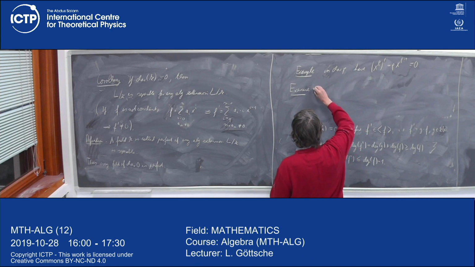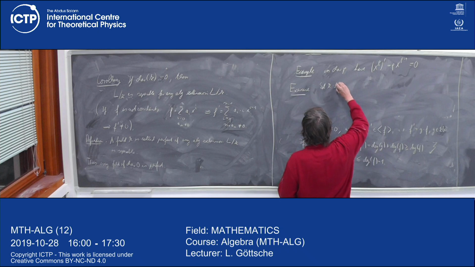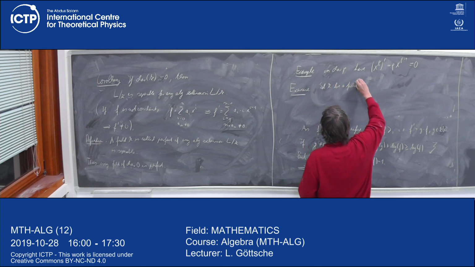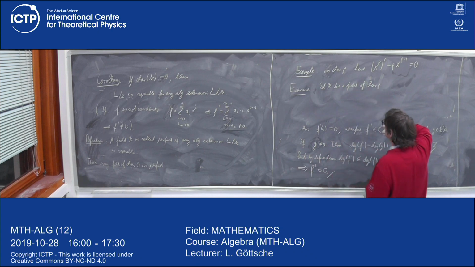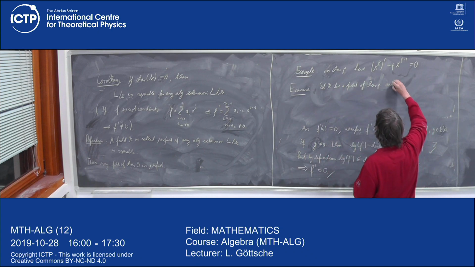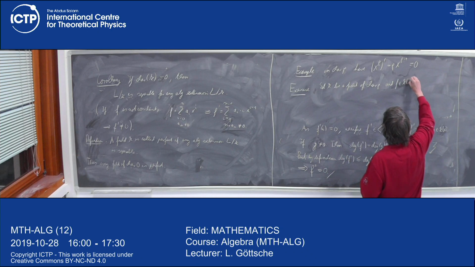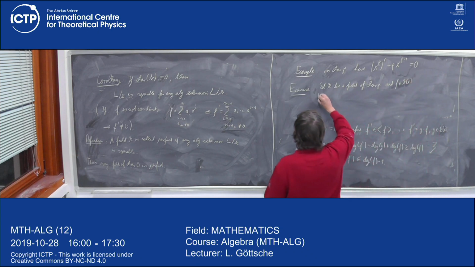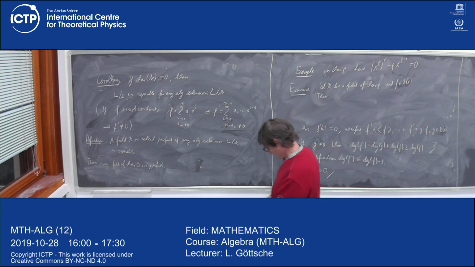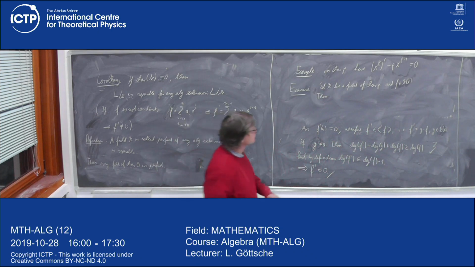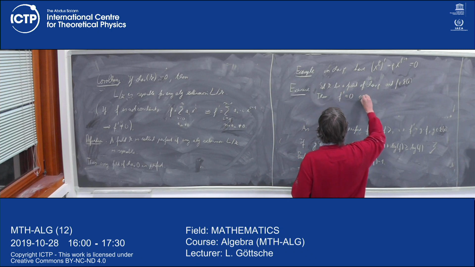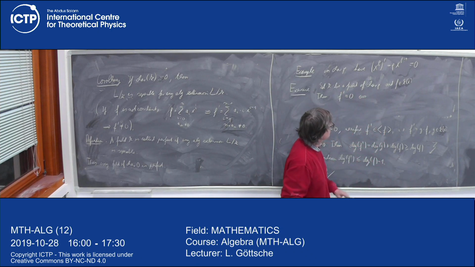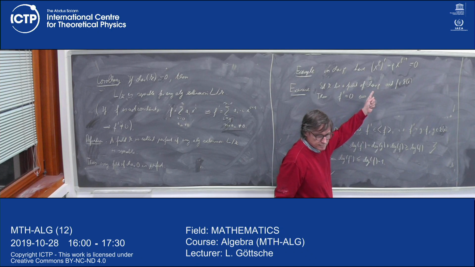So let K be a field of characteristic p and f in K[x], then f' is equal to 0 if and only if f is a polynomial which depends only on x to the p.